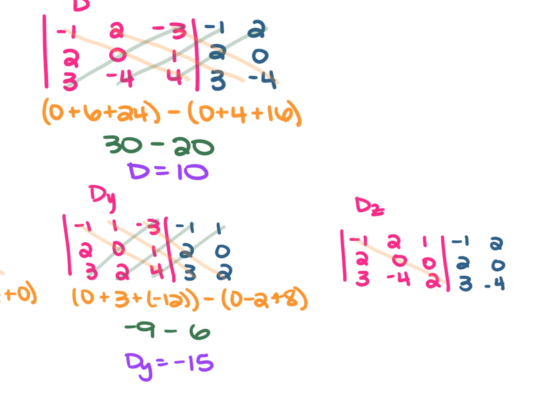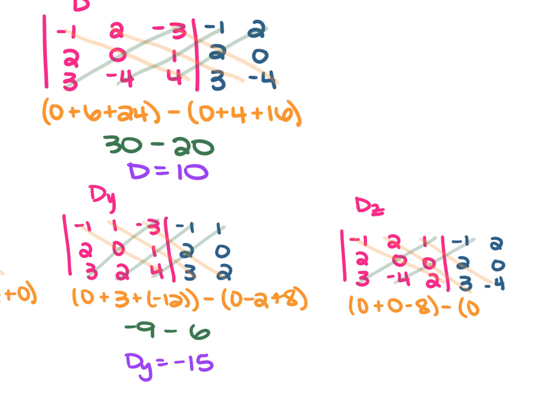First multiplying the negative 1, 0, and 2, that gives you 0. Then you have 2, 0, and 3, which is 0. 1, 2, and negative 4 give you negative 8. Then you're going to multiply 3 times 0 times 1, which is 0.